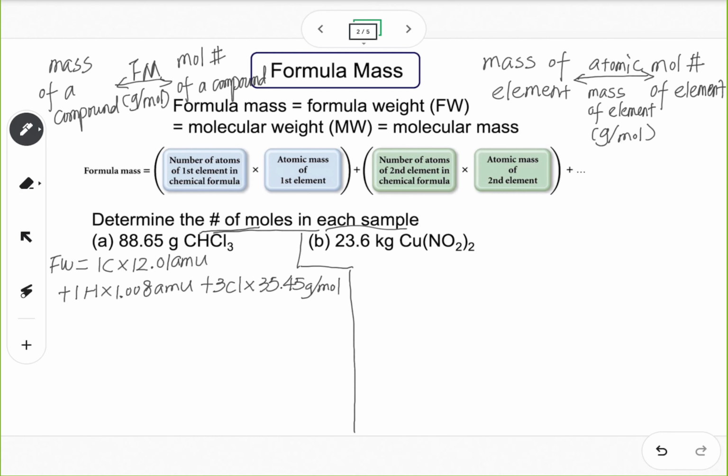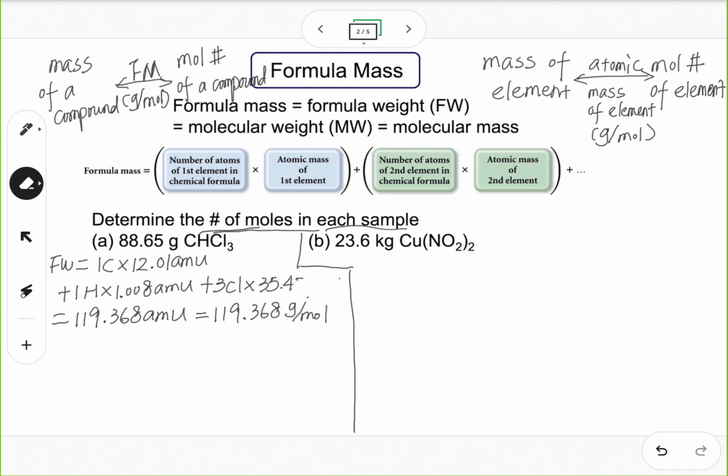If you do the calculation, you will get the formula weight or formula mass for CHCl3 as 119.368 gram per mole, which is also AMU. Let me write the whole thing, just in case. AMU equals 119.368 gram per mole. Of course, to be consistent, let's write the AMU here.